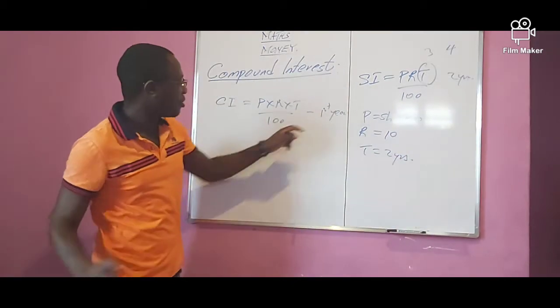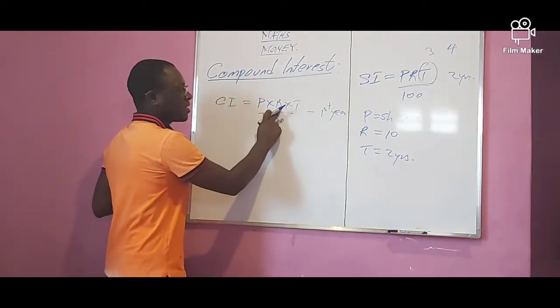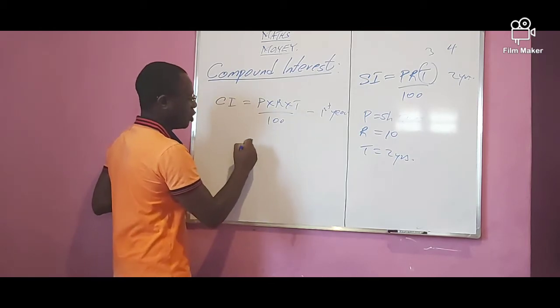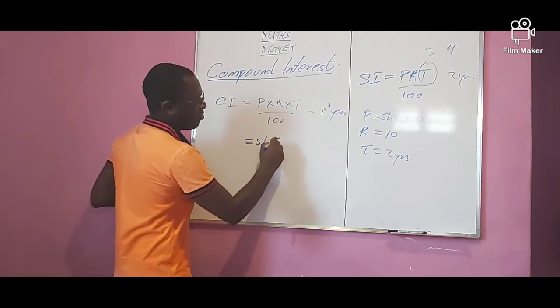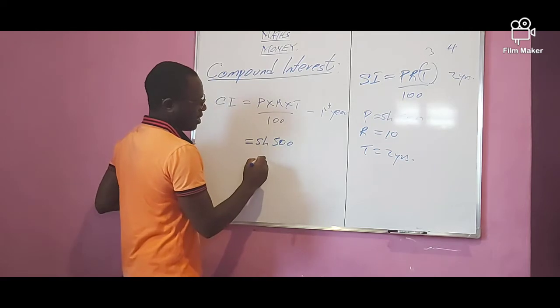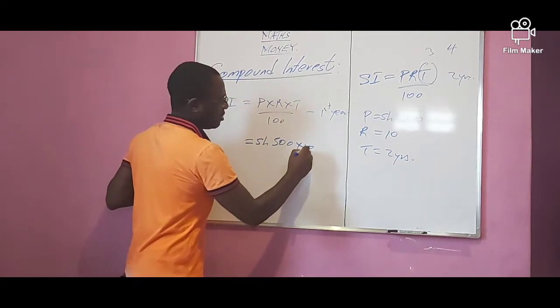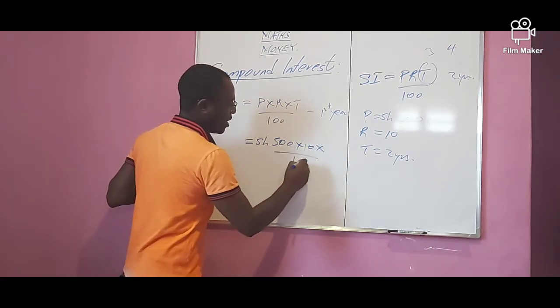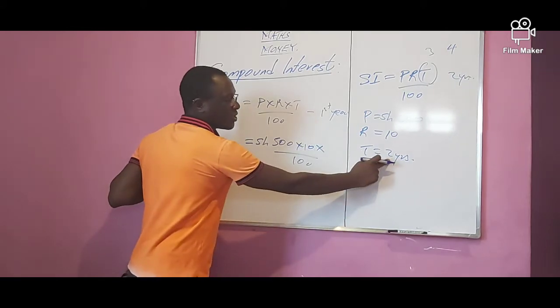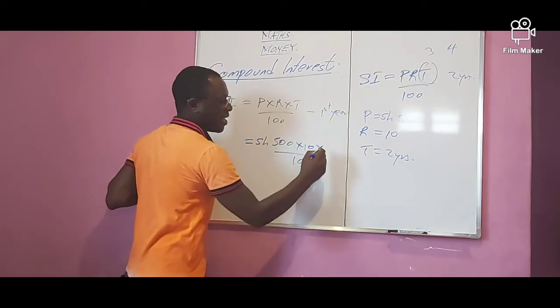So the first year we shall say principal times rate times time over 100, which is equal to principal 500, rate is 10 over 100, and the year we shall not use 2 years. We shall go for the first year, that is 1.